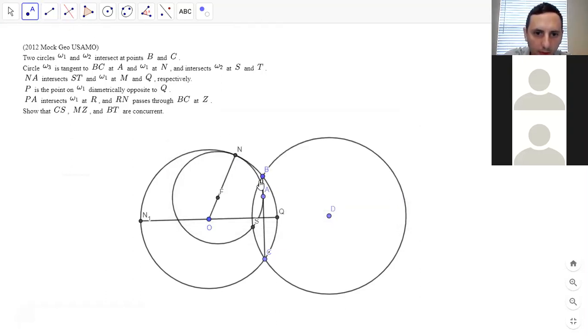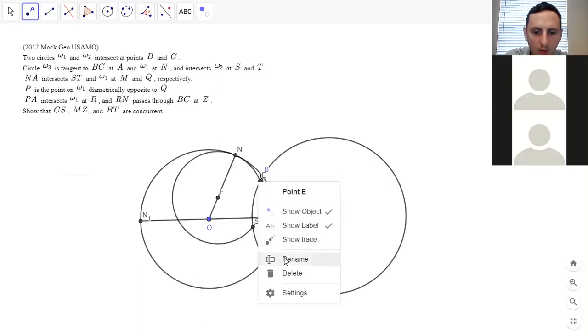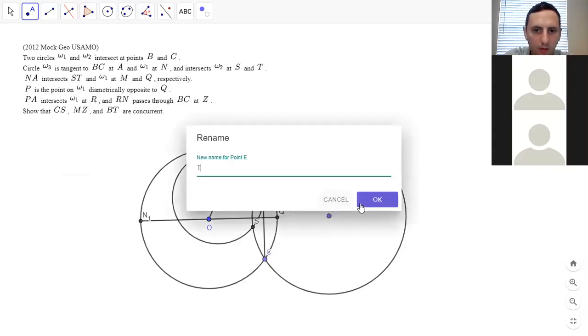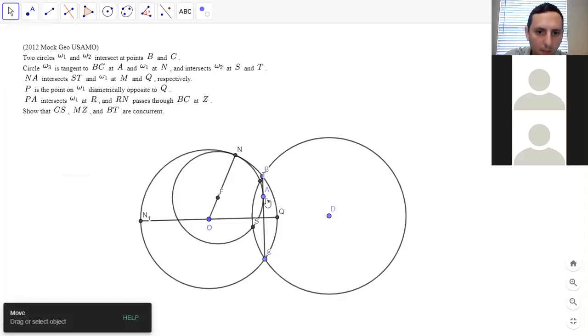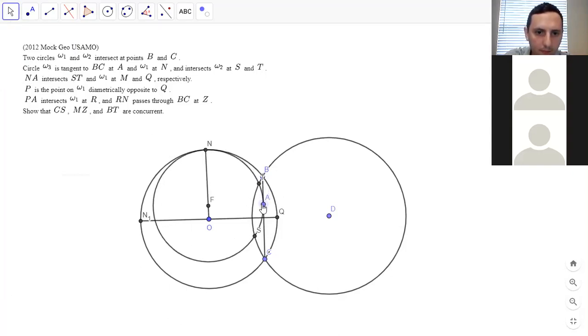And this is point T. So NA intersects ST.